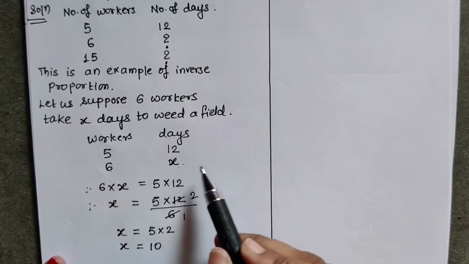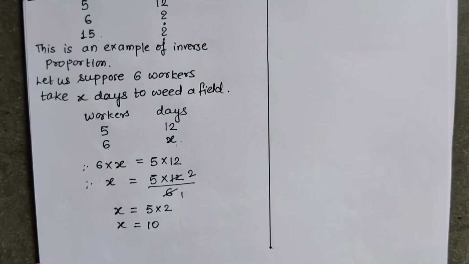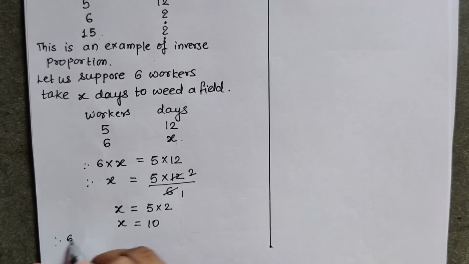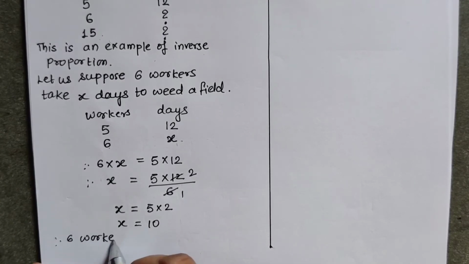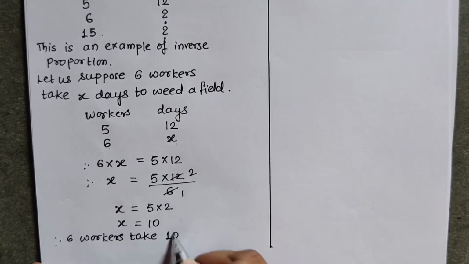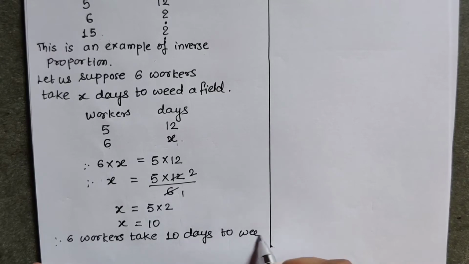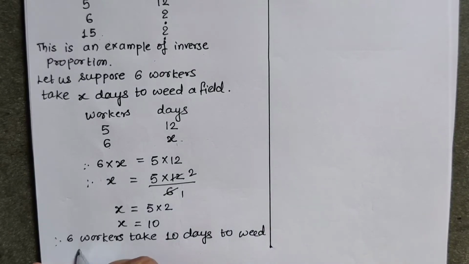That means 6 workers complete the work in 10 days. So here I am writing, therefore the answer is 6 workers take 10 days to weed a field.